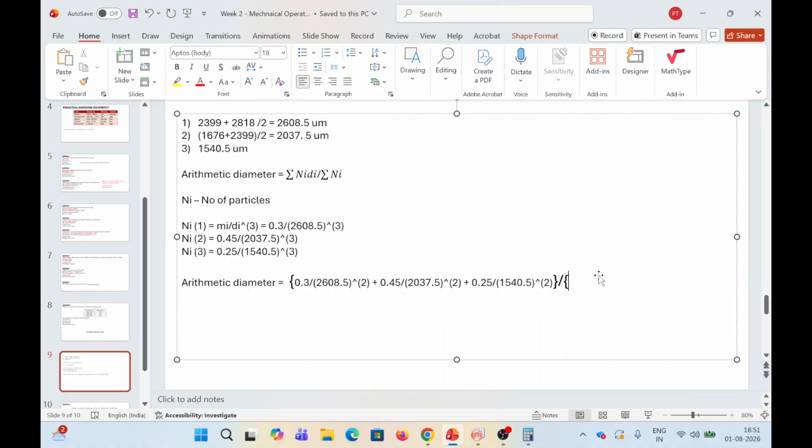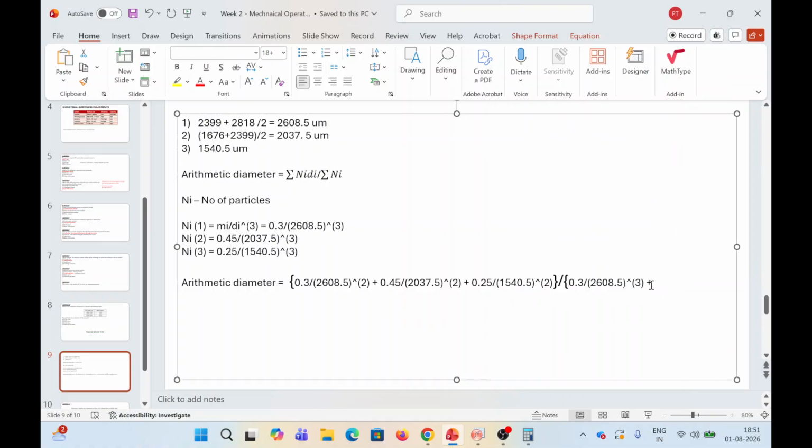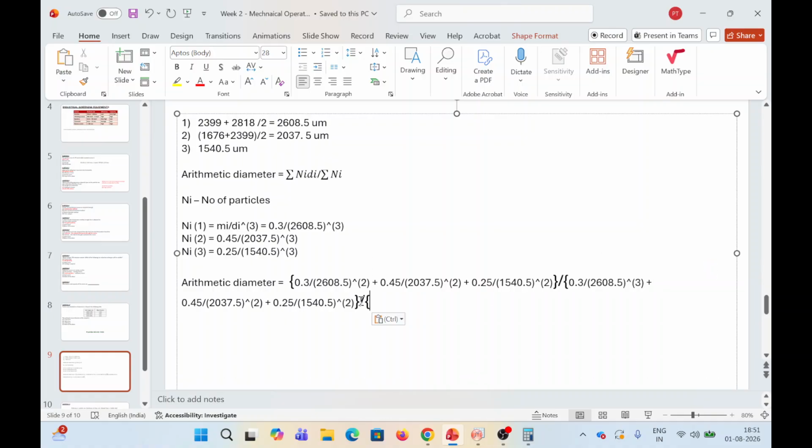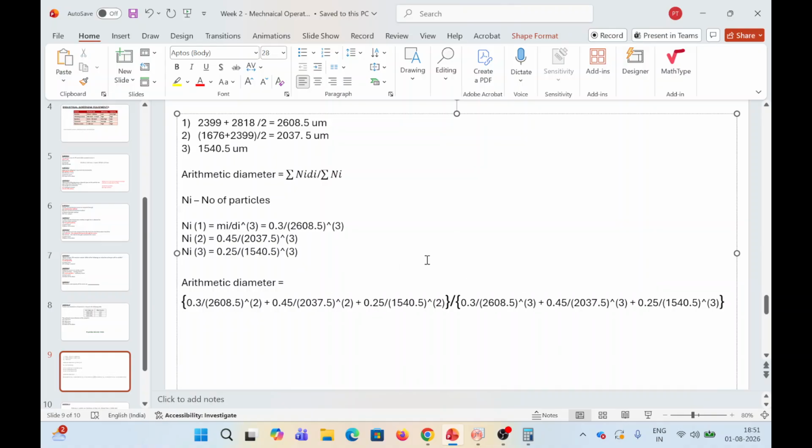So I'll copy this. If you calculate this, you will get the arithmetic diameter.